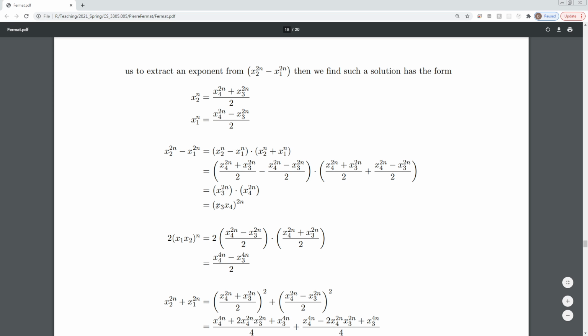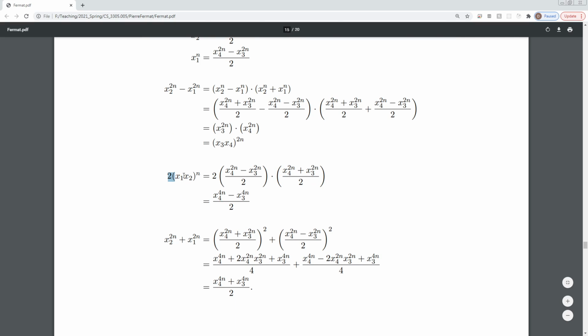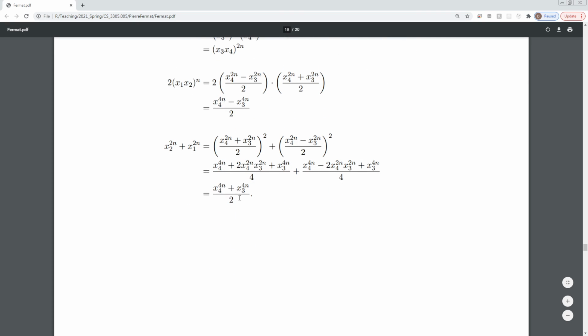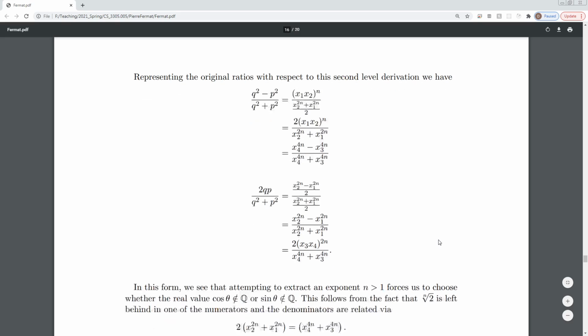And now we get x3 and 4 to the 2n, and then when we substitute what was once our almost perfect power, then we end up with this, and so now we have again a difference of now something that's to a fourth power over 2, and then the denominator ends up in this form, so that's going to end up putting a 2 in the numerator again.